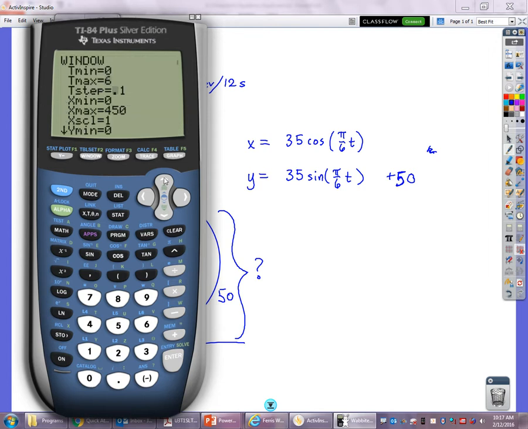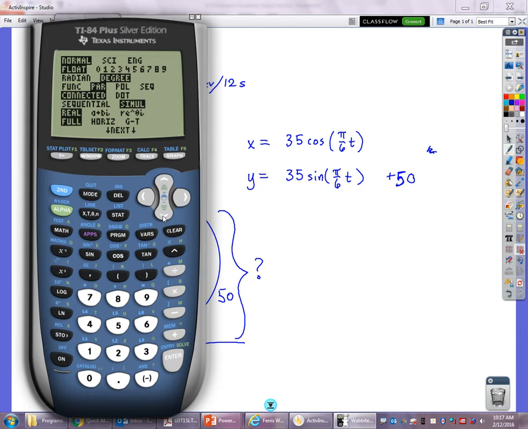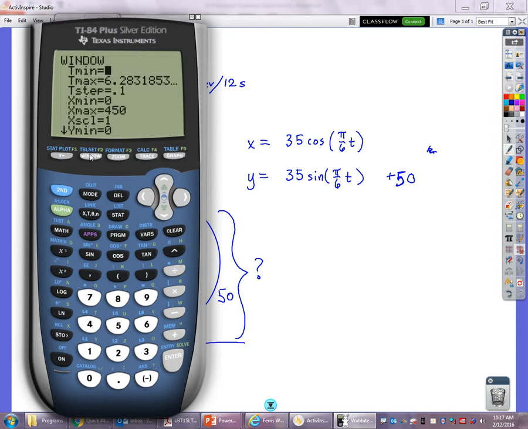Let's make our window 2 pi here. I'm going to have to put my calculator back in radian mode for that to work, though. Could have done it in degrees, I guess. This is not a good window here. What would be a good window? Negative 40 to 40, how about?